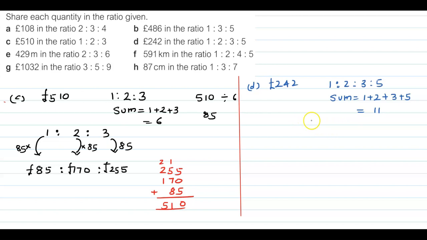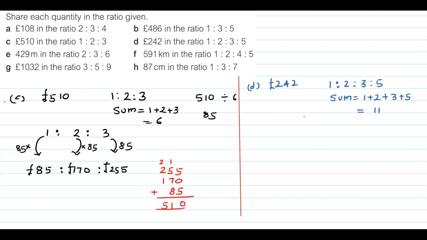The next step will be that the ratio 1, 2, 3, 5, then you have to times 11 with each of them. Now that is not the first step. Second step. Anybody else? What will be the second step? Divyansh?